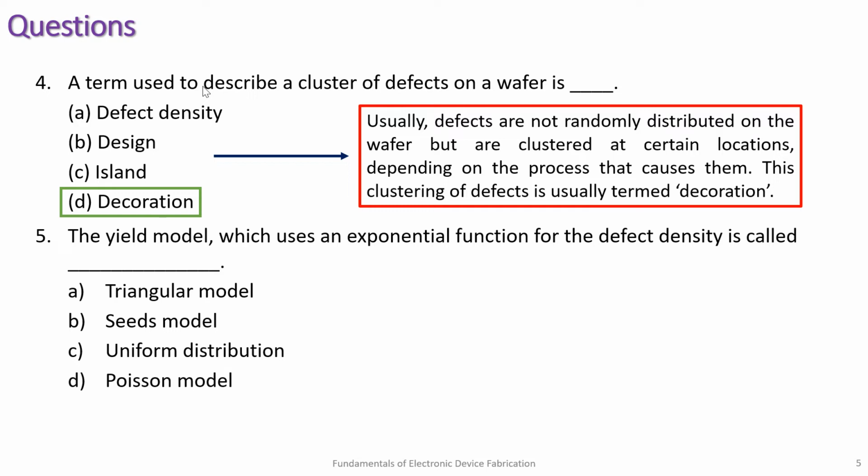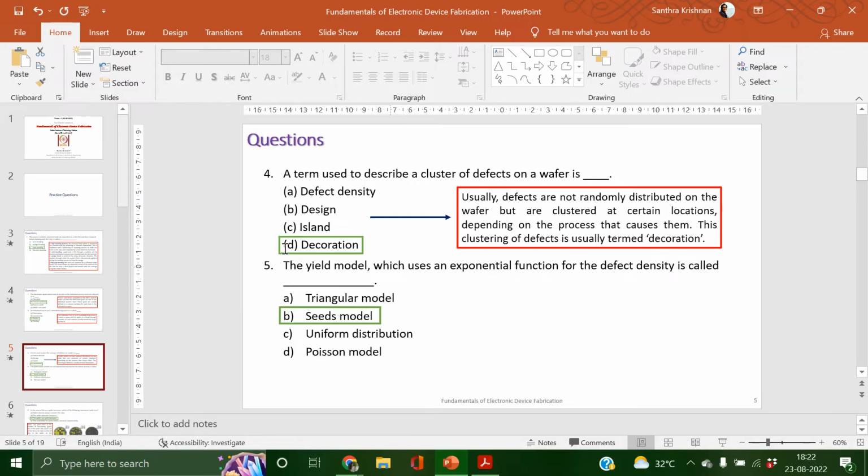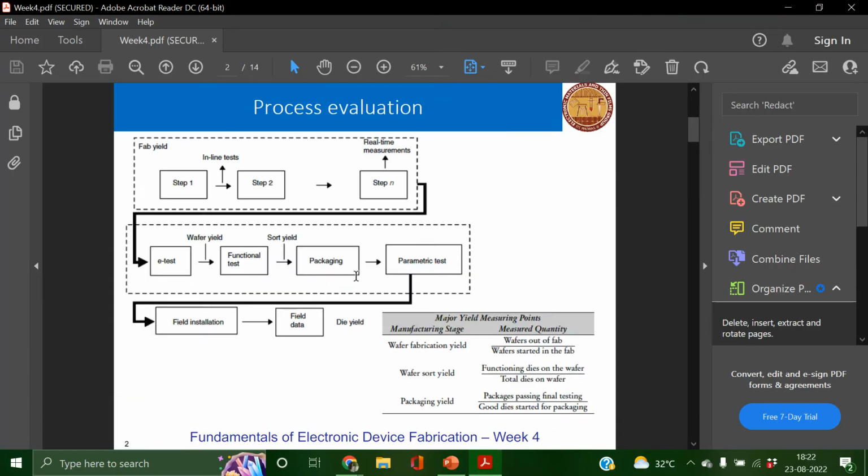No, Poisson's model is not the answer. It's an exponential function. If you have noticed the graph, the triangular model won't come, and the uniform distribution won't come, because from the name itself we can predict how the graph would be. So Seeds model is the answer. Let me take a minute and show you the graphs once more.